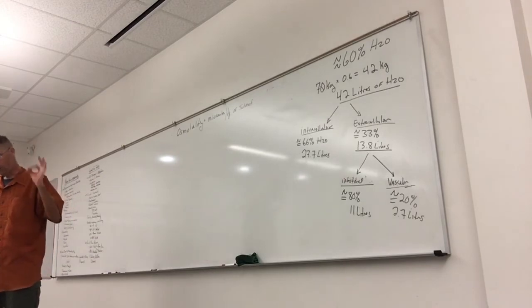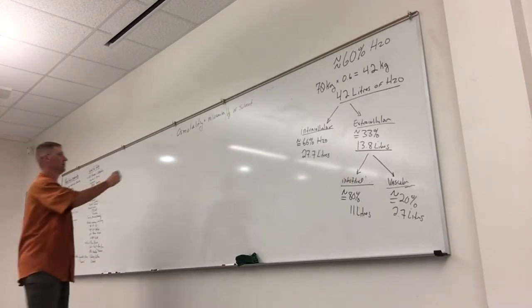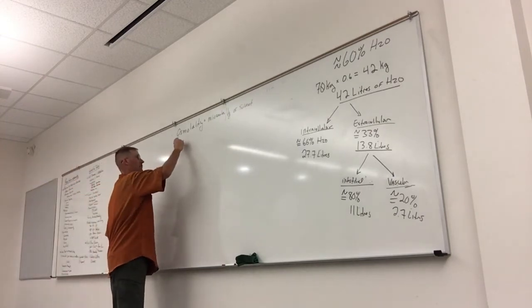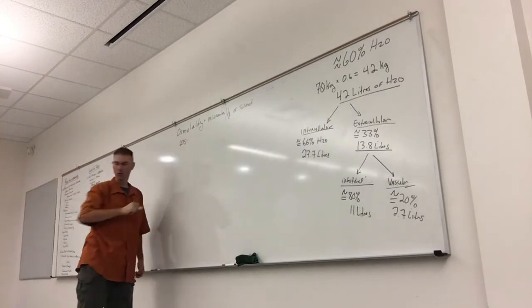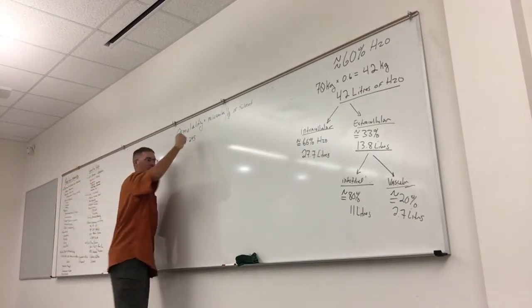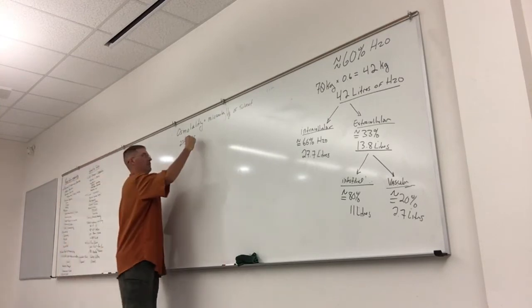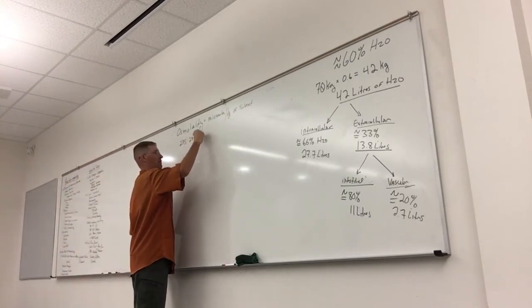The normal osmolality in the human body is 275 to 295 milliosmoles per kilogram. mOsm, that's milliosmole per kilogram.